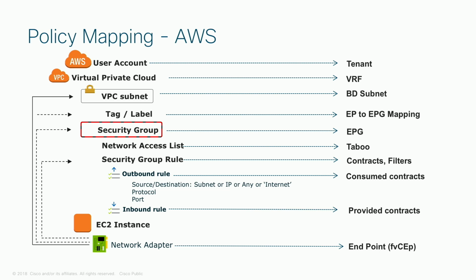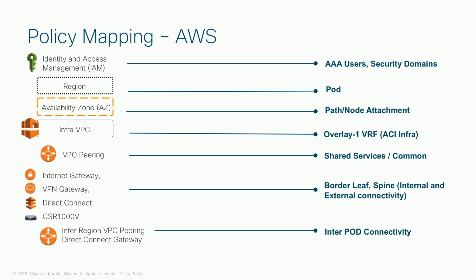Just like Ethan said, a tenant is a user account, a VRF is a VPC, a contract is a security group rule. There are very easy commonalities there. Translating them is the key. And then there is the policy mapping in AWS for IAMs, availability zones and infra VPCs. The infra VPC is exactly what we were talking about earlier. That's the VPC we create to do the overlay, the ACI infra. That's mandatory to get that connection.